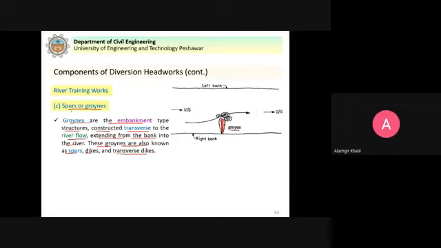And why do we provide these spurs or groins? To protect the bank. You see, the water is pushed towards the center, so it protects the banks of the river against erosion. That's why spurs or groins are not only provided in rivers, but can also be provided on sea coasts and ocean coasts to provide protection against erosion.